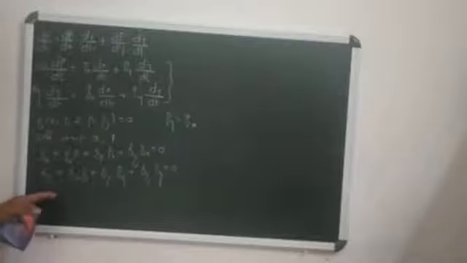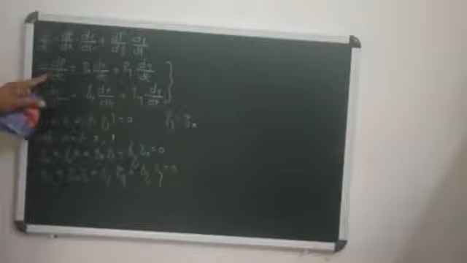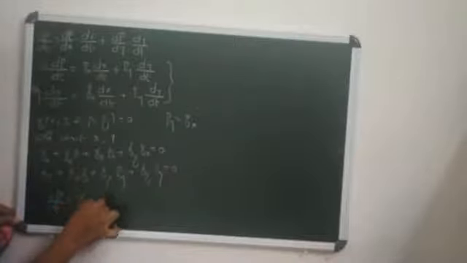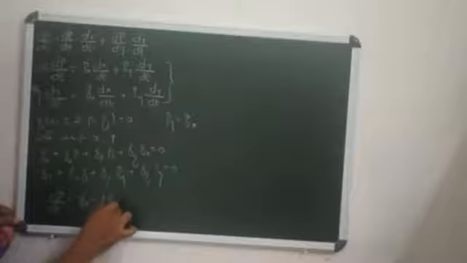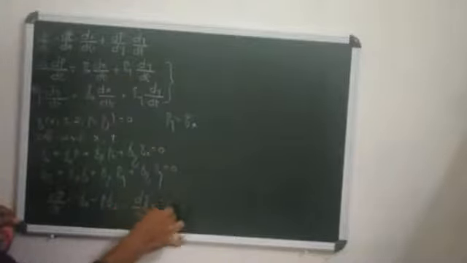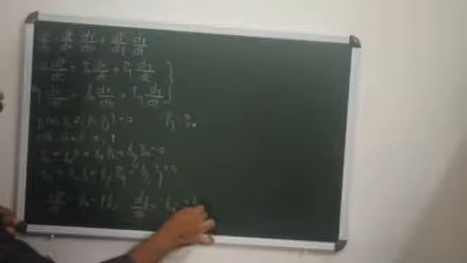So from these two conditions we have dp by dt equals minus fx minus p into fz, and dq by dt equals minus fy minus q into fz.